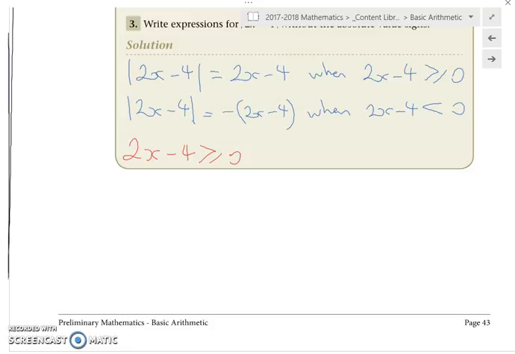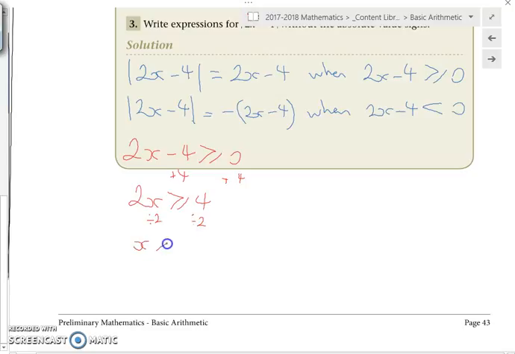To where? Excellent, because we've got to keep it balanced. So we're going to add 4 to both sides. So we end up with 2x greater than or equal to 4. Now what? I got 2x. What does 2x mean? So how do I undo it? Divide. Thank you. We're going to divide. Wow, amazing. We're going to divide by 2 on both sides.